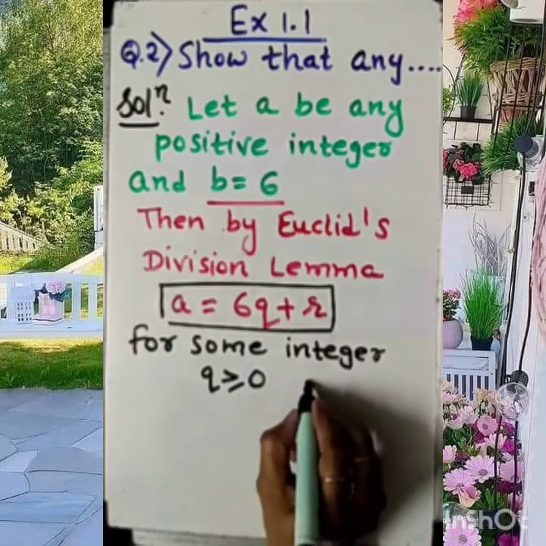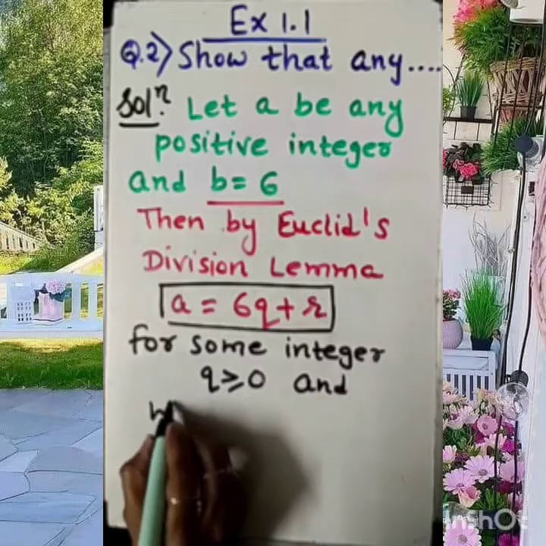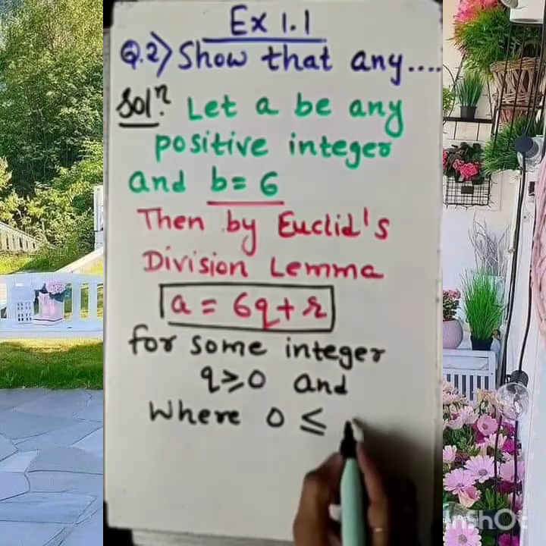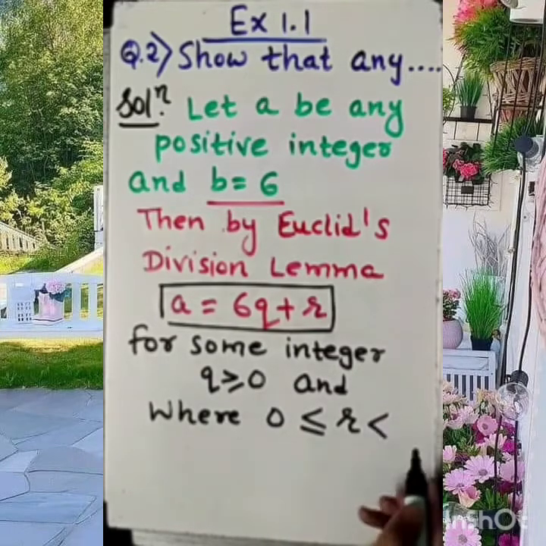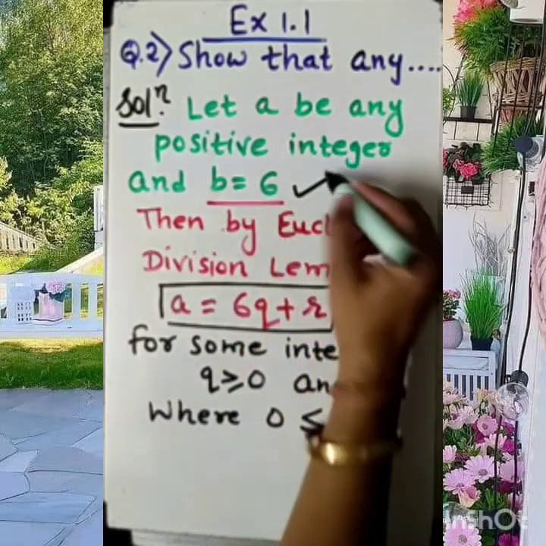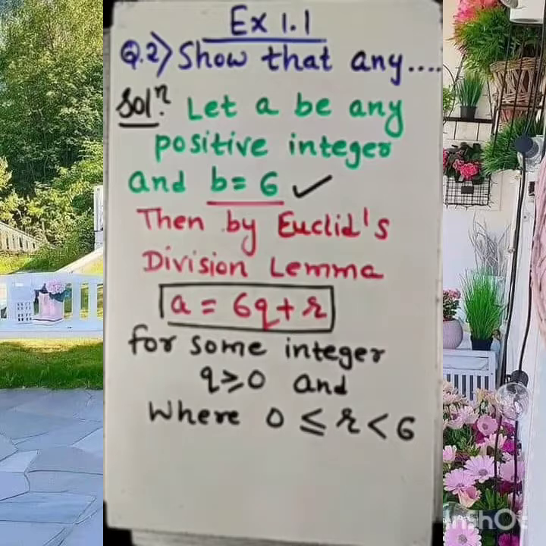And as we know in Euclid's division lemma, the condition says 0 less than or equal to R less than B. Here B we have already taken as 6.